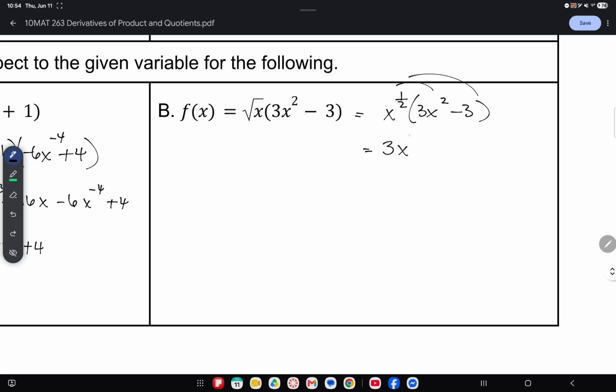So 2 plus 1/2 is 2.5, so let's make that 5/2. And minus 3x to the 1/2. And then do power rule from there. So that's going to be 15/2 x to the 3/2 minus 3/2 x to the -1/2. And I think that is fine.